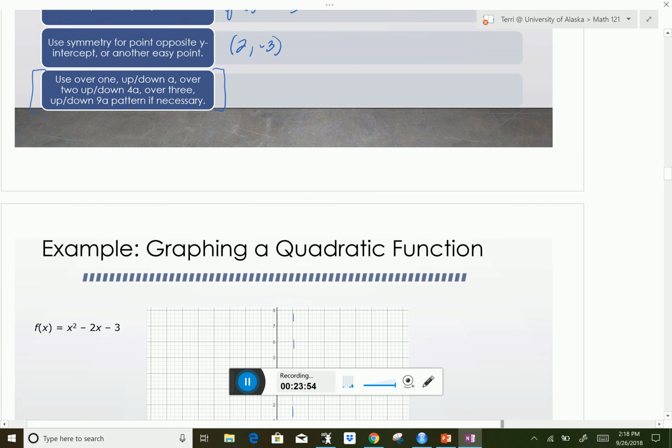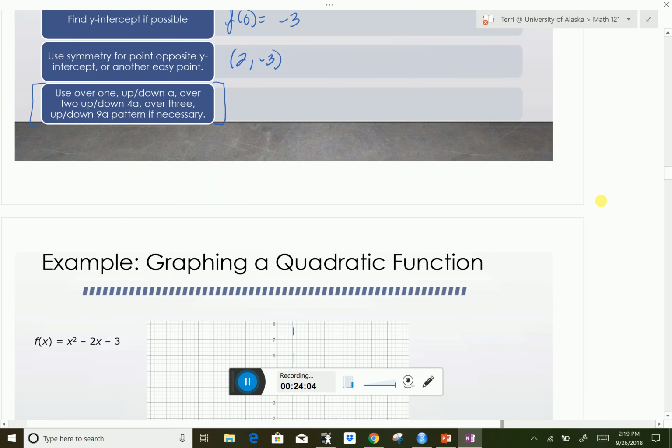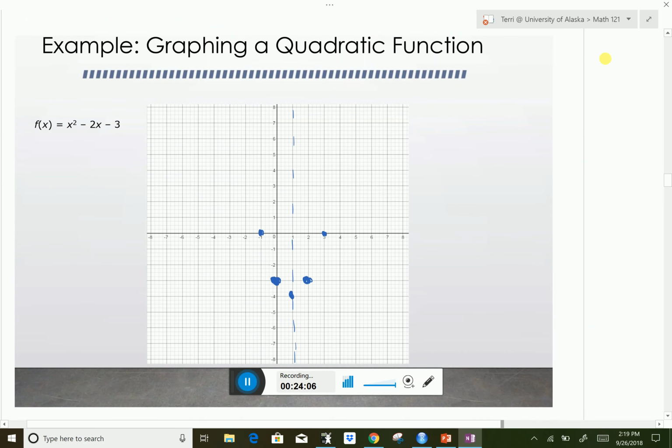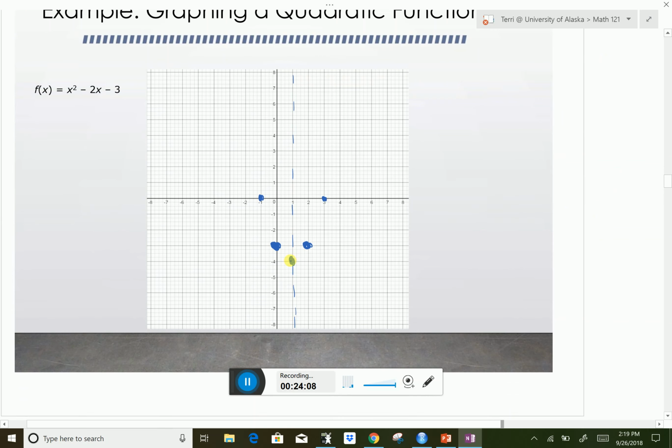And then I can use this trick if I need to. This trick is the pattern: over 1, up or down a; over 2, up or down 4a; over 3, up or down 9a, if you have to. So I would go from my vertex, and if I go over 1 in either direction, I know this is a happy graph, so it goes up. I go up a.